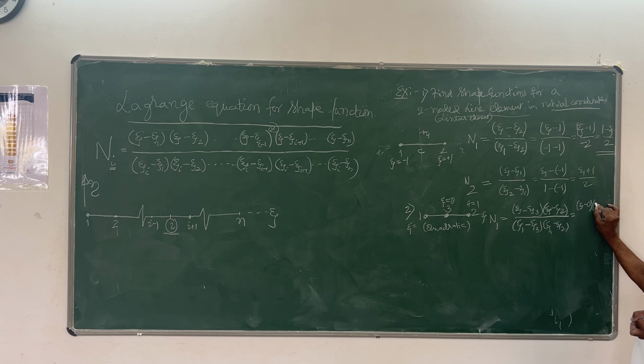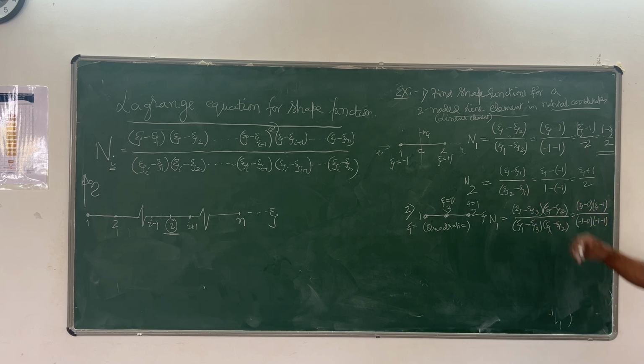Then psi minus psi 2. Psi 2 is 1, divided by psi 1 is minus 1. Minus 1 minus 0, minus 1 minus 1. Correct?